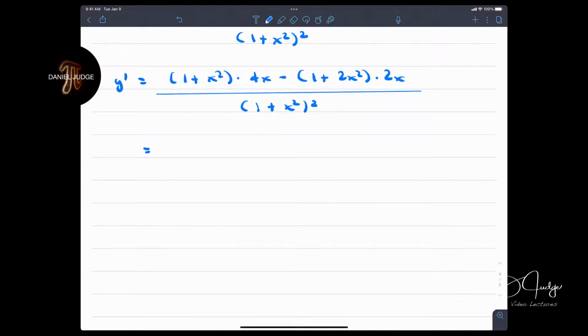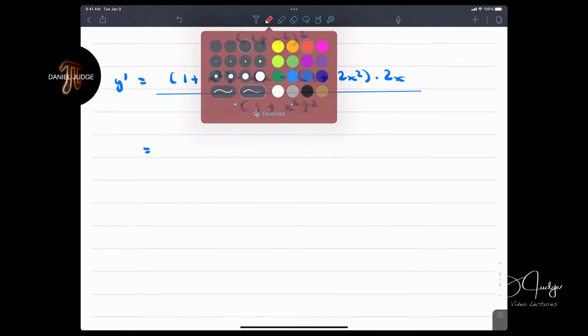Let's do some algebra. We can't factor here, so we just have to use the distributive property.